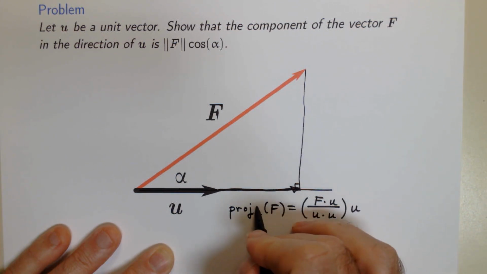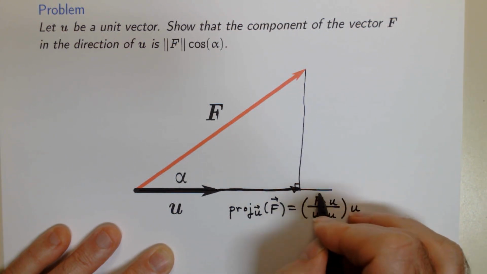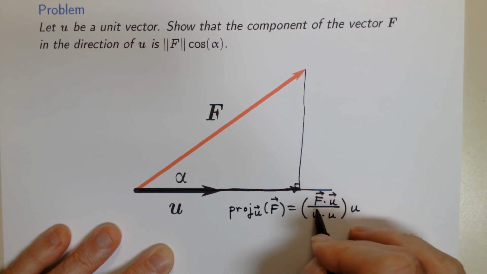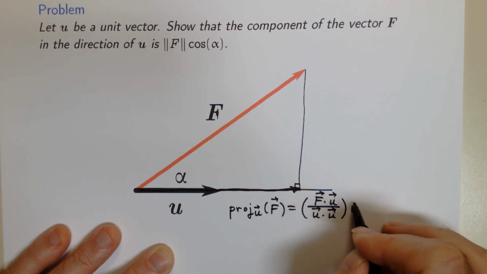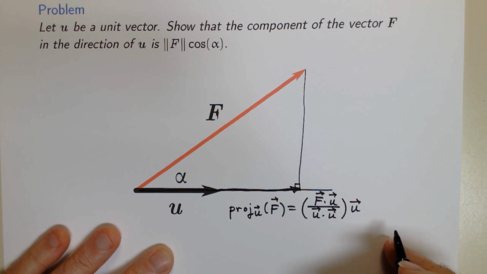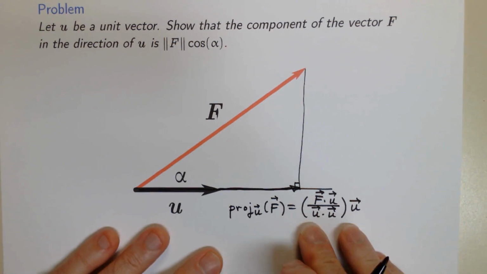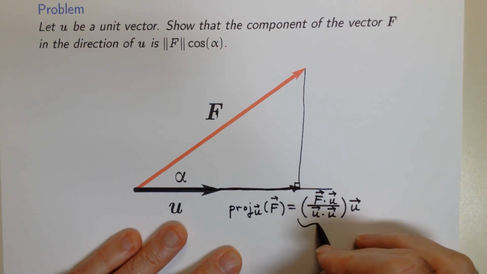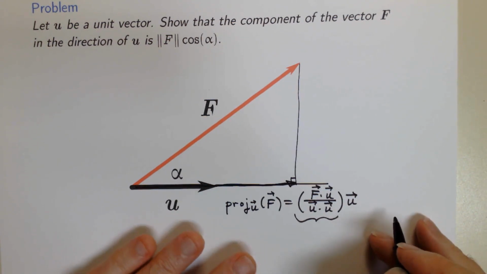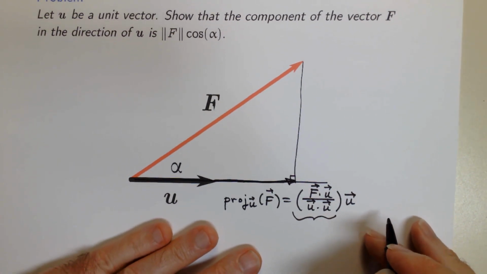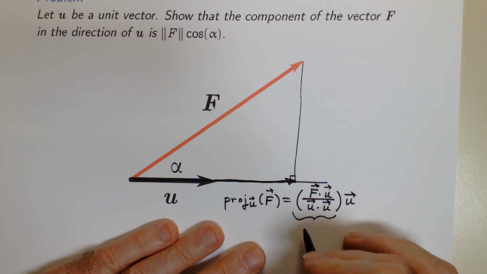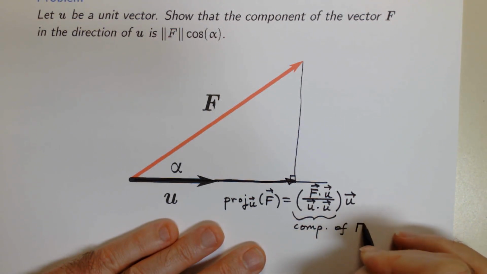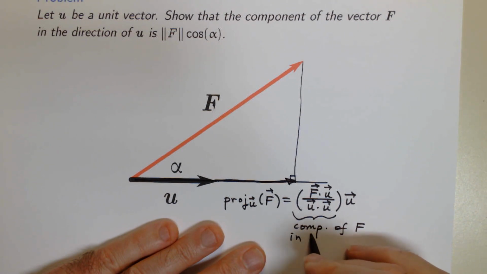So we'll have, I should put arrows over all of these vector quantities. Okay? So this is the part that we want to focus on. This part here, because u is a unit vector, we can identify this as the component of f in the direction of u.